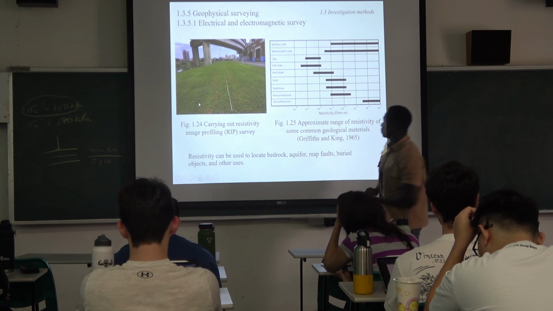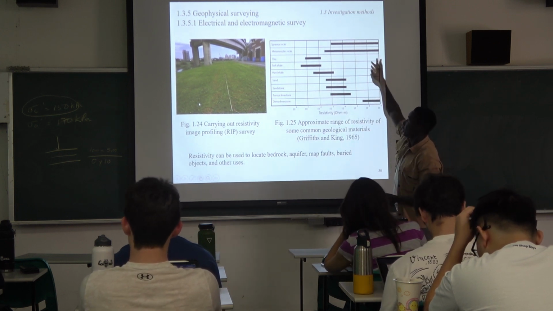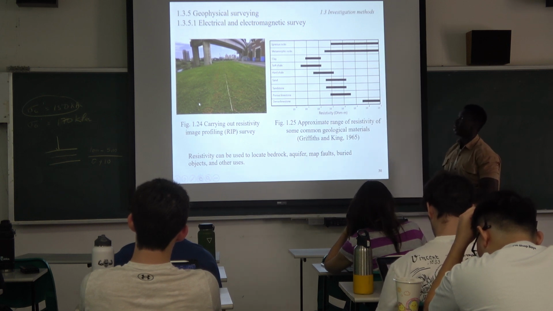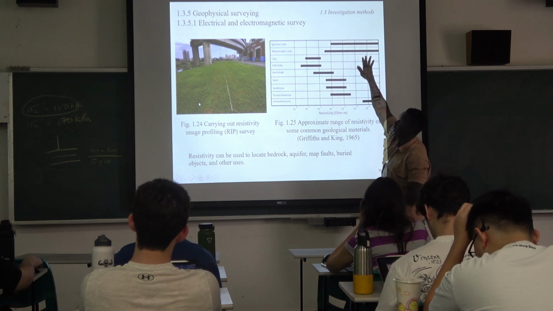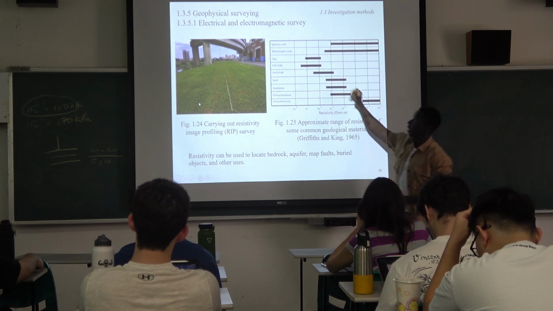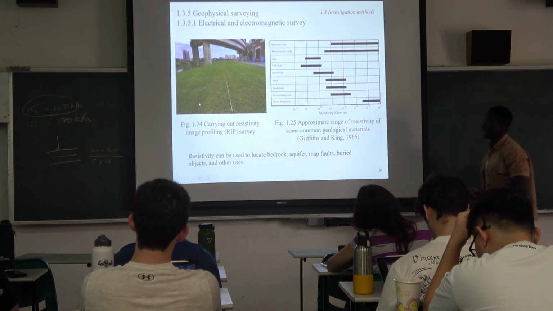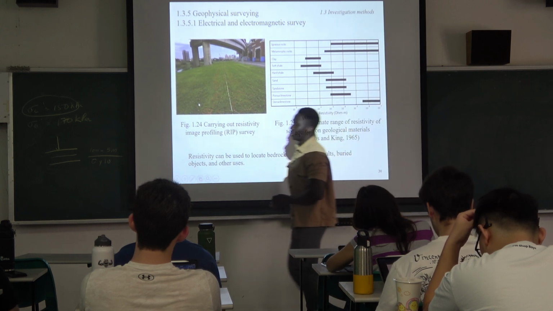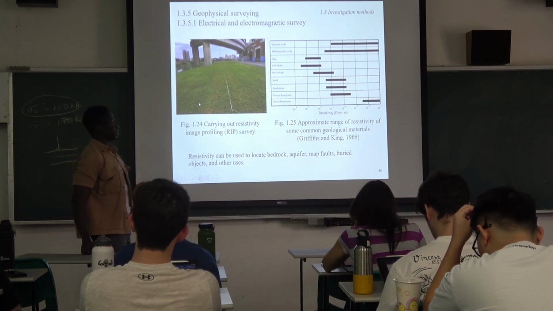For example, if the resistivity falls between this range and this range, then you know this material underneath is probably an igneous rock. Or if the value falls here, it is a metamorphic rock. And for clay, the value is smaller. So the harder the material, the higher the resistivity value, and the weaker the material, the lower the resistivity value.